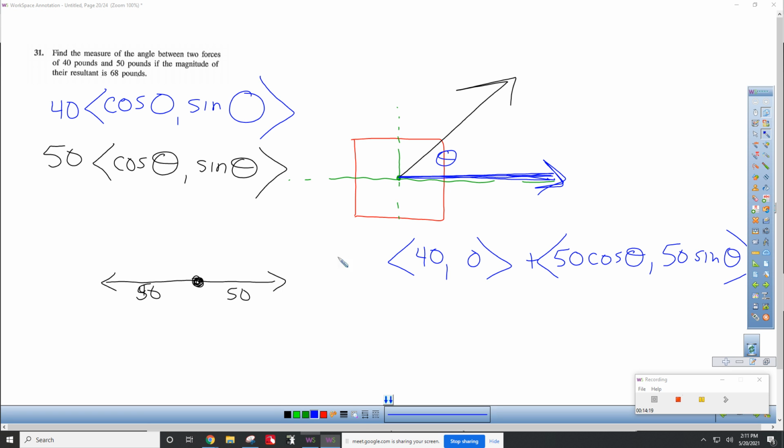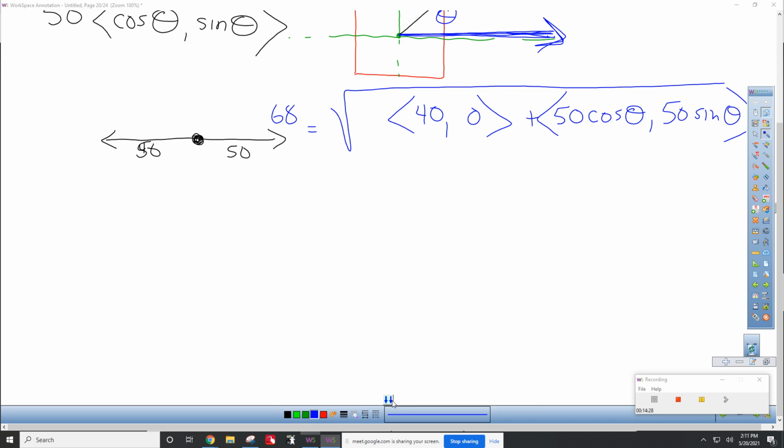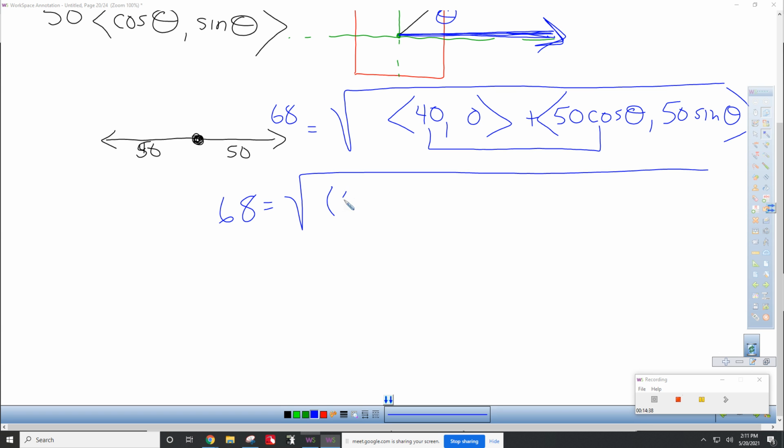And if we take the magnitude of that, that should equal 68. I don't know if this is going to work or not. So 68 is the square root of, when you add vectors, you add up these components, so that's 40 plus 50 cosine theta, squared, plus 50 sine theta, squared.